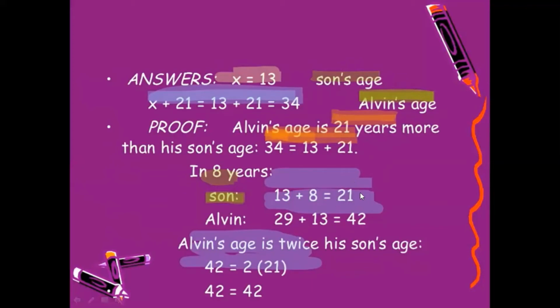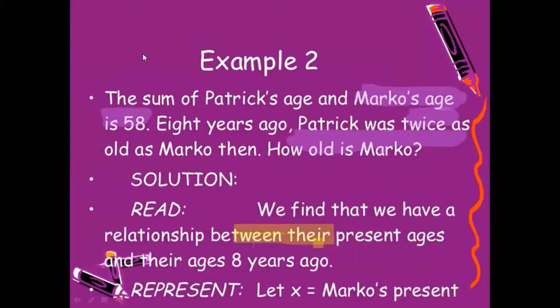And this is the right proof that his father is twice his son's age. It's absolutely 42 and 42. So this is one way of checking, just to make sure that your choice is absolutely correct. Now, example 2, please read this one.